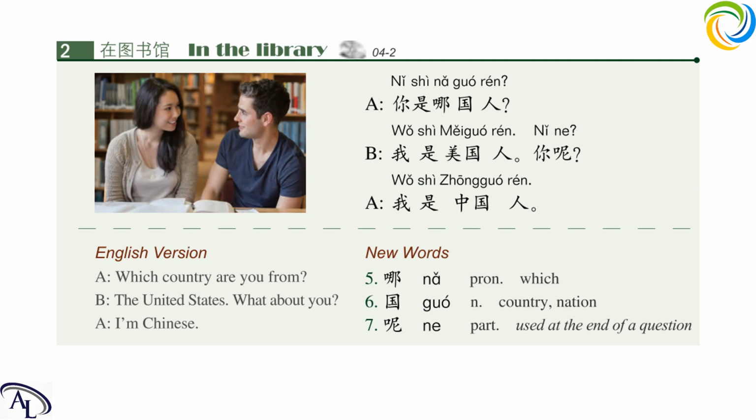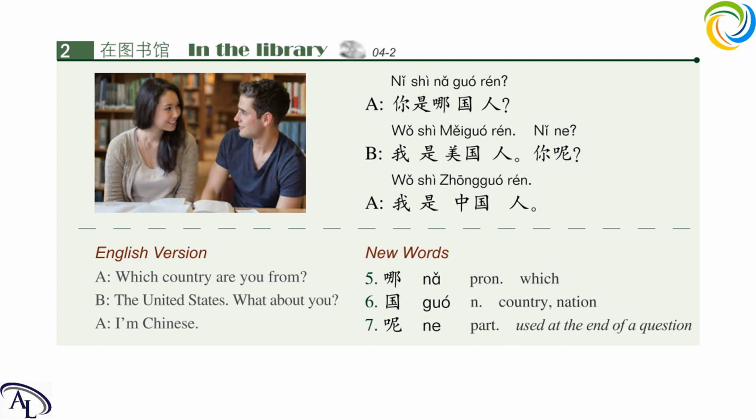And A answered, 我是中国人. I am Chinese. 我是中国人. Okay, this is a really easy text. Now let's read it from the start. Okay, 3, 2, 1. 你是哪国人？我是美国人。你呢？我是中国人。Very good.